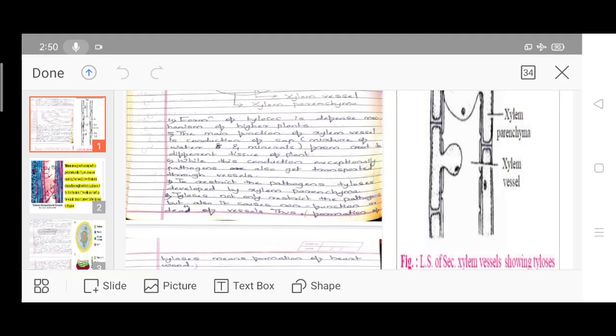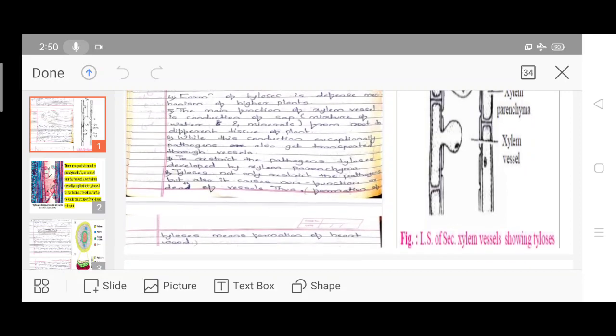So to restrict these pathogens, sometimes tylosis are developed by the xylem parenchyma. The tylosis not only restrict the pathogens, but also cause non-functioning or death of the vessels.